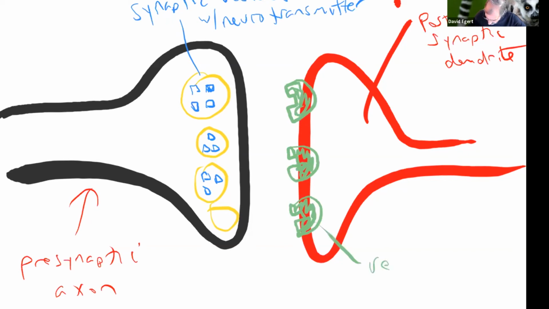These are my receptors that bind the neurotransmitter.